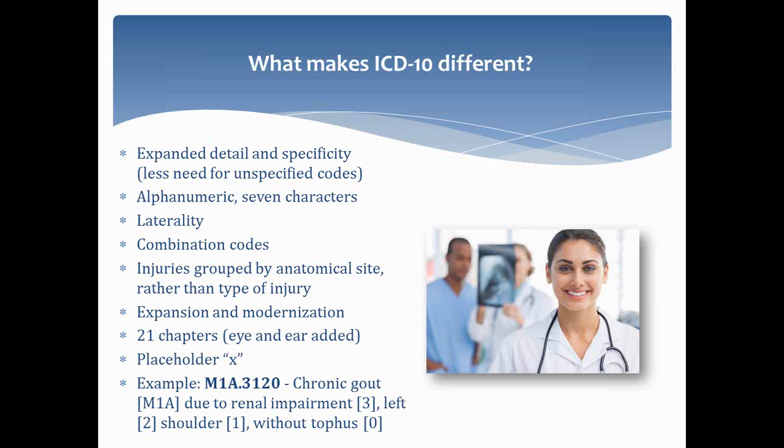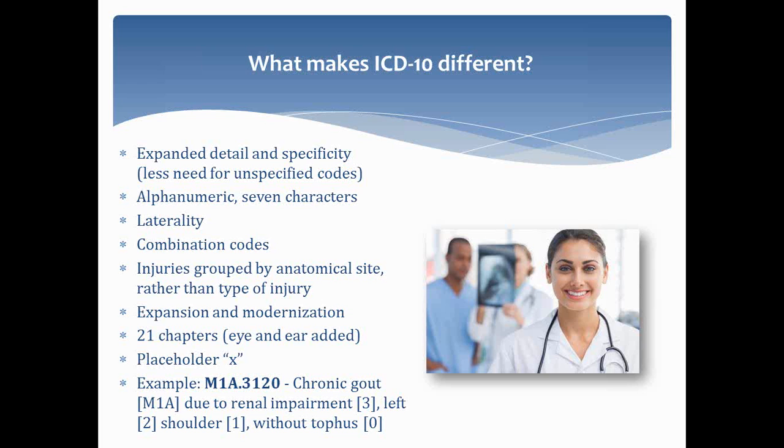And ICD-10 will give a lot more detail. ICD-10 is also alphanumeric. What that means is instead of just 3 digits and a decimal point and up to 2 more digits, of those 7 characters, some of them can be letters, some can be numbers. And what that means is now we can create a whole lot more codes.